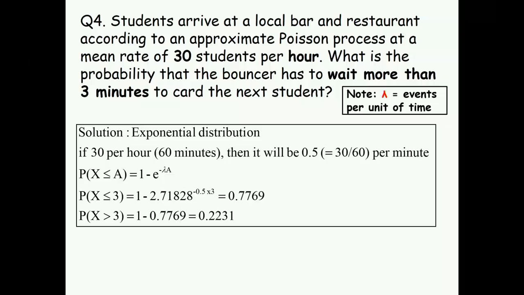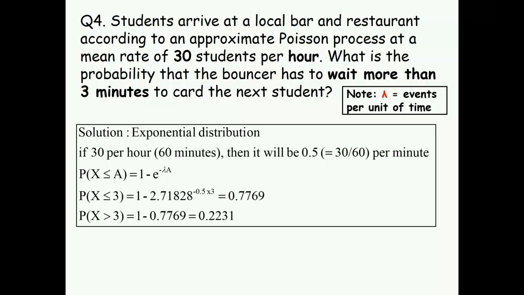Would it be possible to do it the other way, changing to hours? Yes, it is possible. Either you change this one into minutes, or you keep this one and change the other into hours. So you could do it both ways.